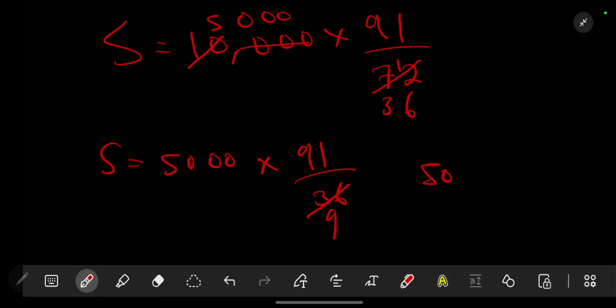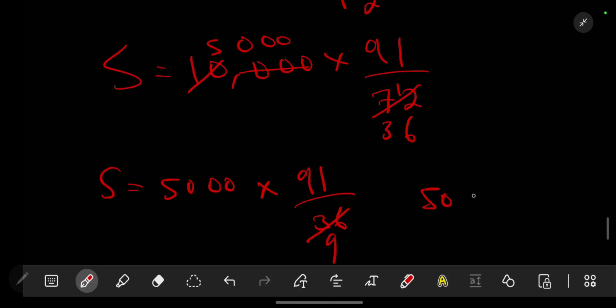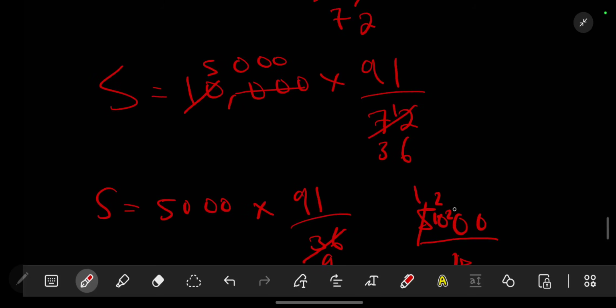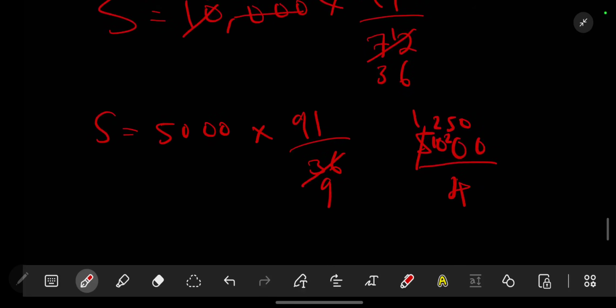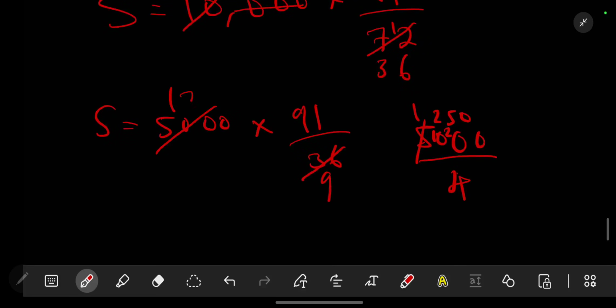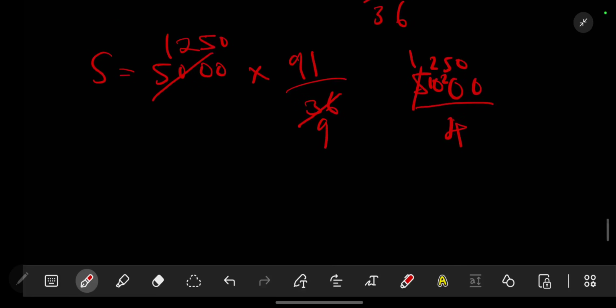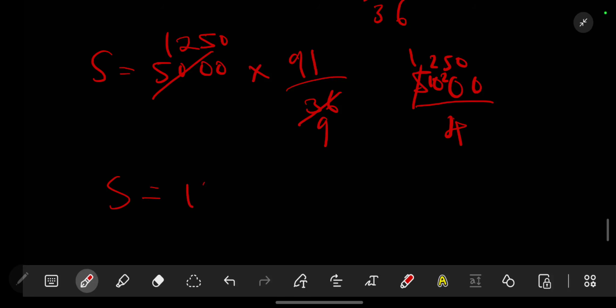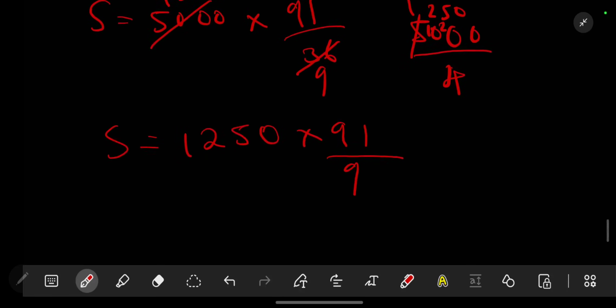Then 5,000 divided by 4 gives us 1,250. So our S is equal to 1,250 times 91 over 9.